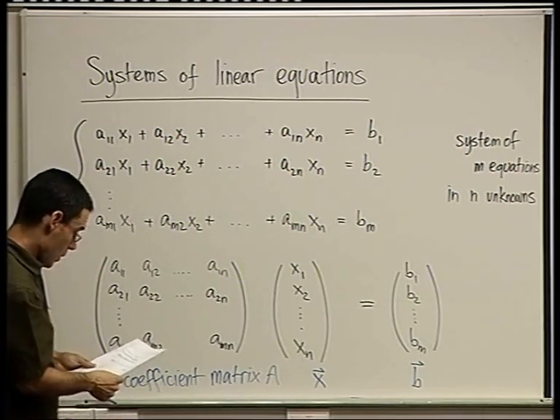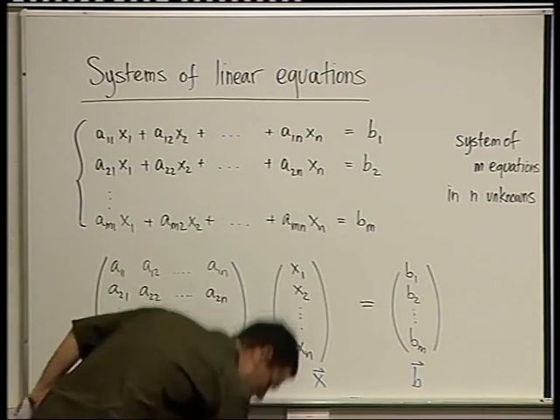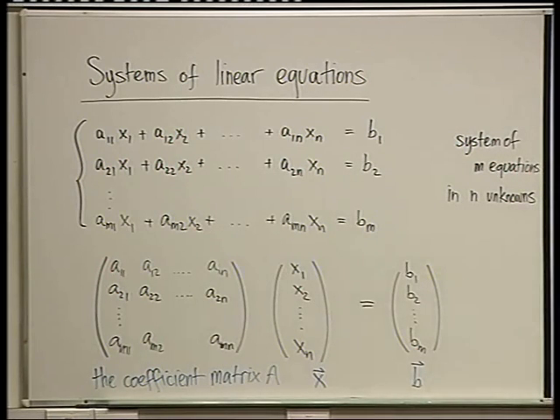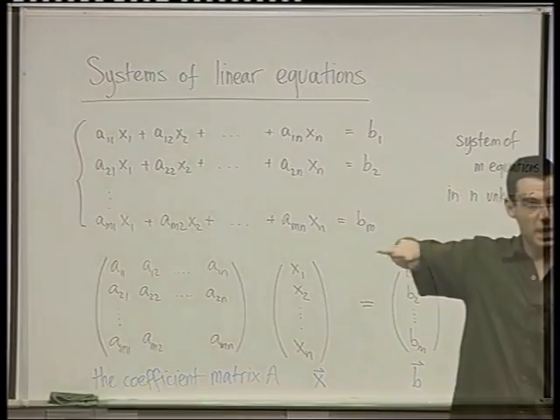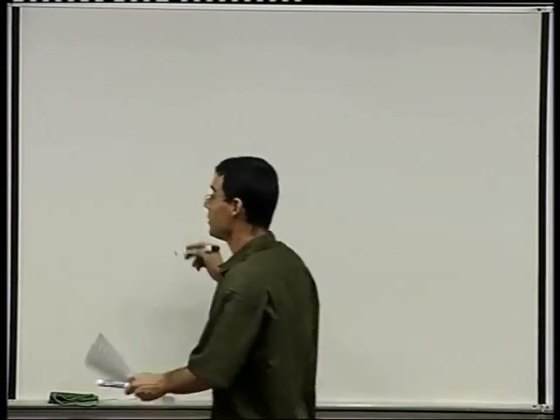Okay? Okay. A bit of definitions that are going to be very useful shortly. So if all these bi's, all the b's, happen to be 0, so we're just looking at systems of equations where all the equations are of the form sum of ai xi equals 0, then it's called a homogeneous system.